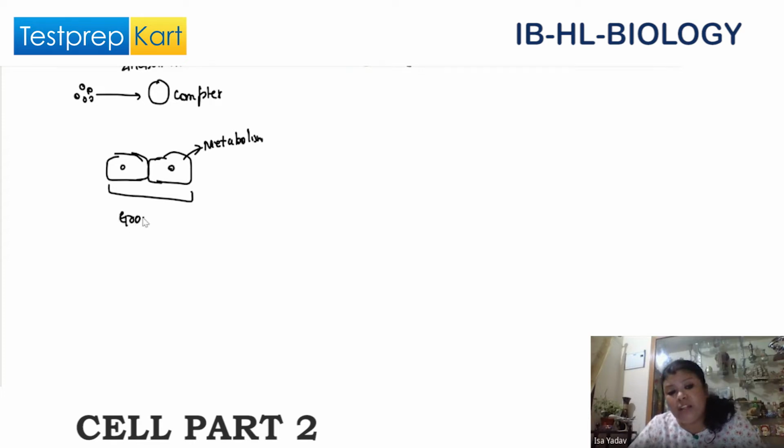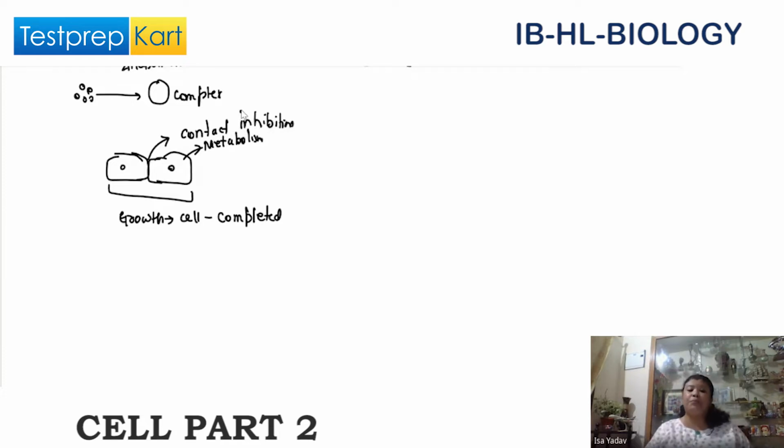Why? Because the two cells have touched each other. This phenomenon where the two cells touch each other, and it tells us that the growth is completed, is called contact inhibition.